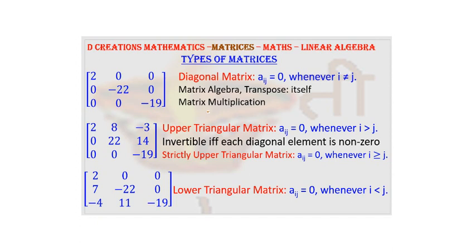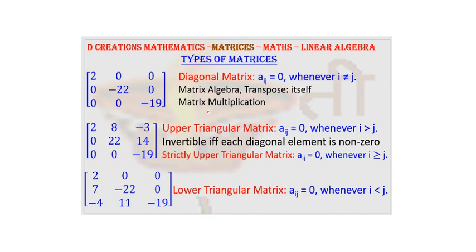Then there is the class of triangular matrices where you have two subtypes, upper triangular and lower triangular. So as you can see here, can you describe what an upper triangular matrix is? Maybe you can pause the video, describe it for yourself and then resume it. Yes, so whenever the entries which are below the diagonal are 0, it's an upper triangular matrix.